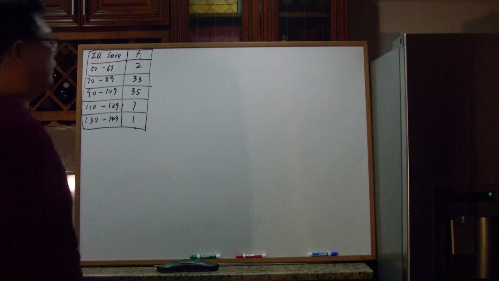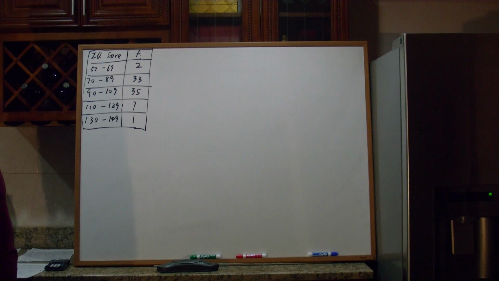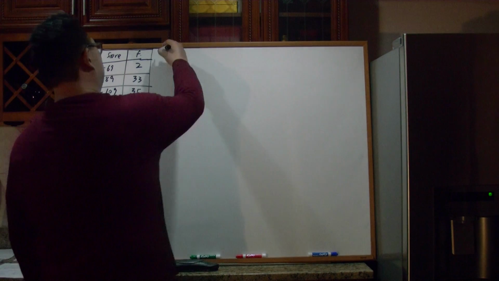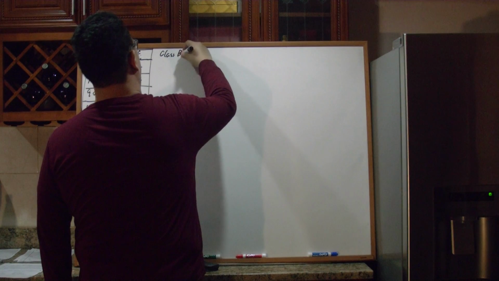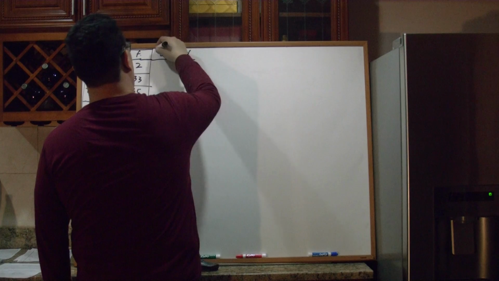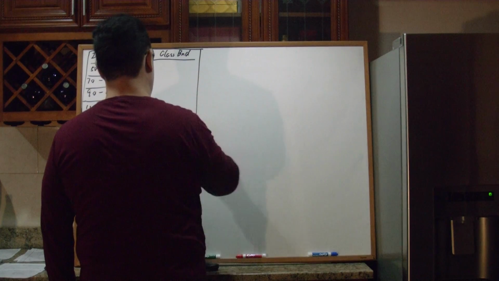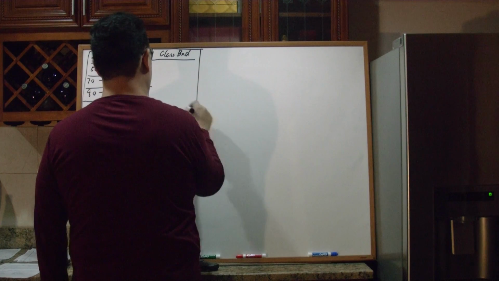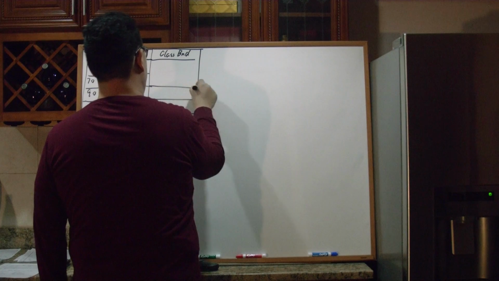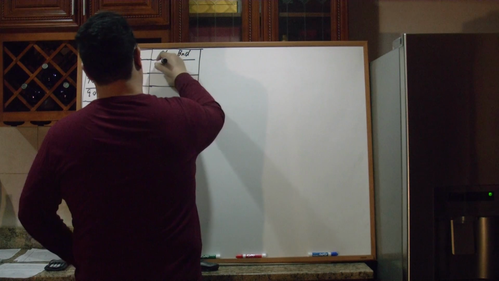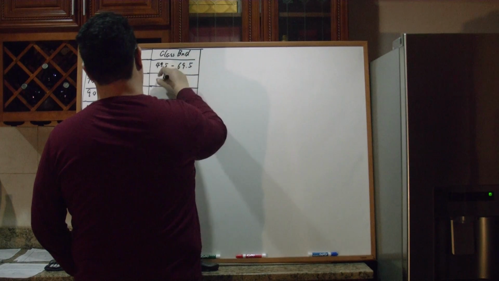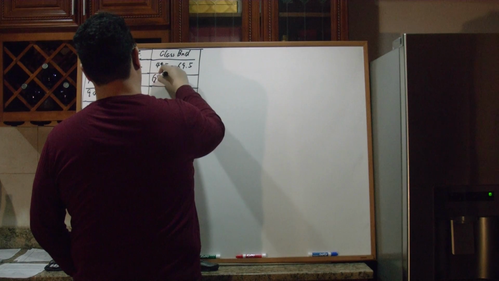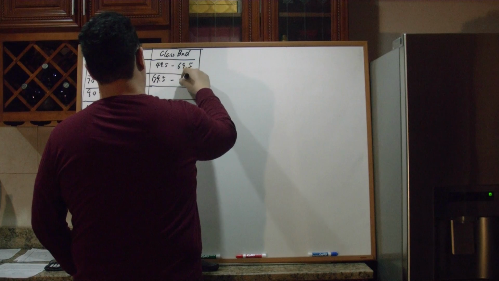Then for a histogram to draw, we need class boundaries, like 49.5 to 69.5, 69.5 to 89.5.